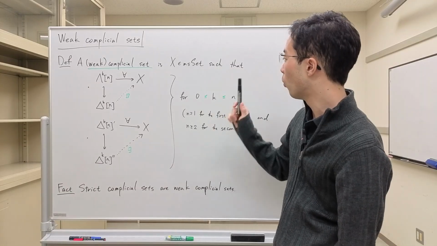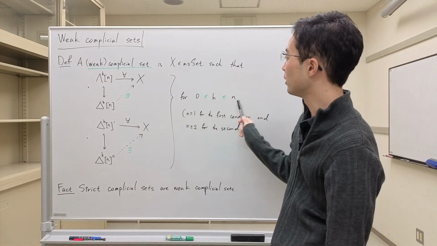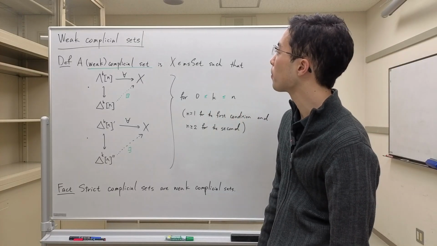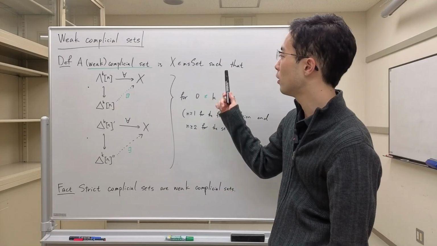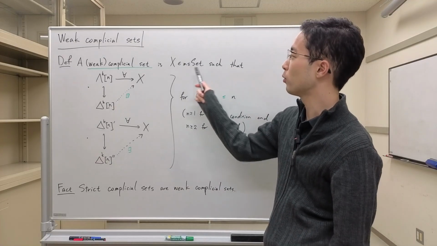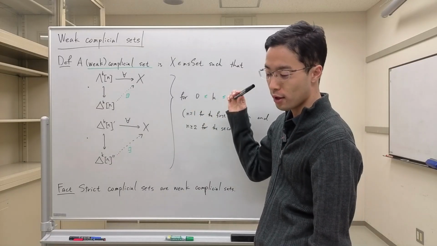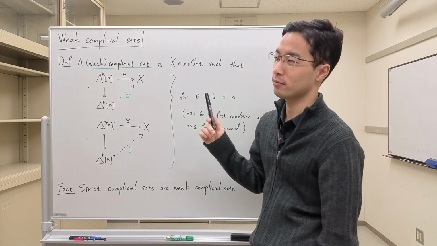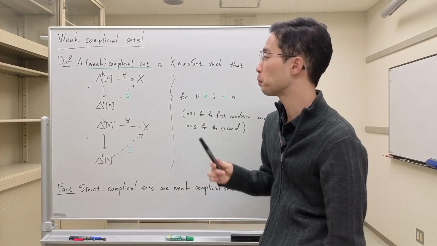But anyway, why do we want these outer horns? I said in this weak setting, we think of the marked simplices as equivalences of some sort.